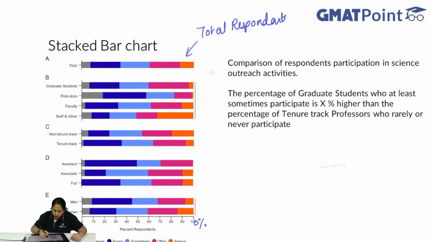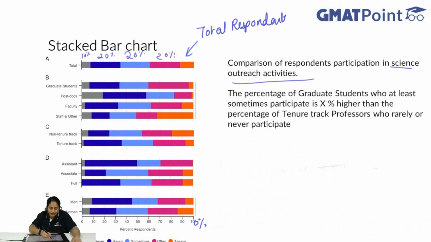If I consider total respondents, around 10% say that they never participate in science outreach activities. Around another 20% have said that they rarely participate in science outreach activities. Another 20% have said that they sometimes participate in science outreach activities.